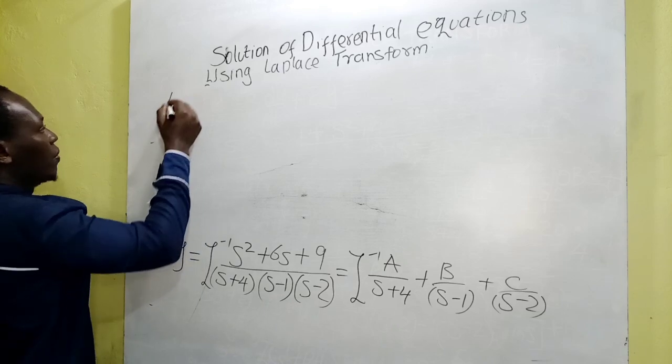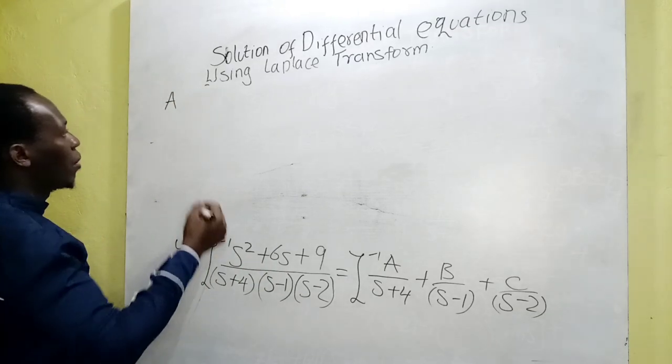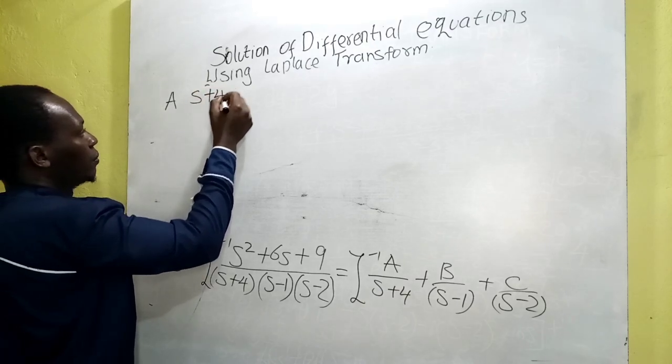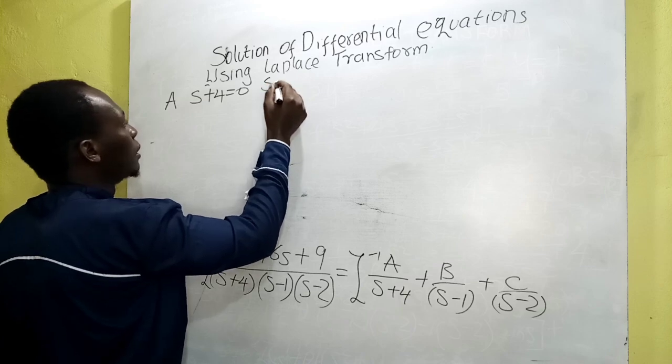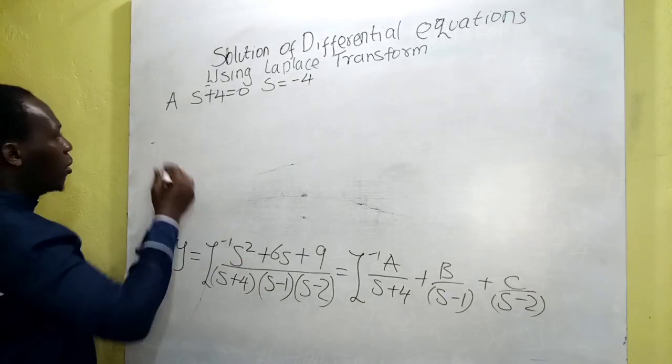For us to have the value of a, we must get the conditions of our limit, whereby we say s plus 4 is equal to 0, to mean that s is equal to negative 4.